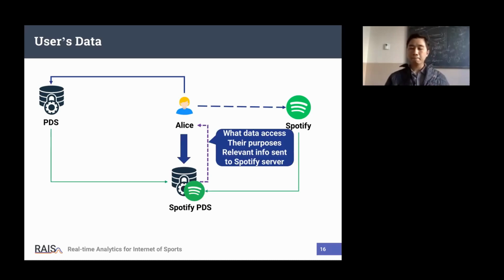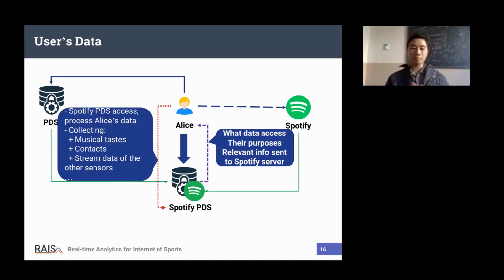In this way, Alice can still listen to music from Spotify, and she can skip some personal data about herself: maybe the kind of music she likes, contacts, the list of friends, relatives, other people, stream data of the other sensors.